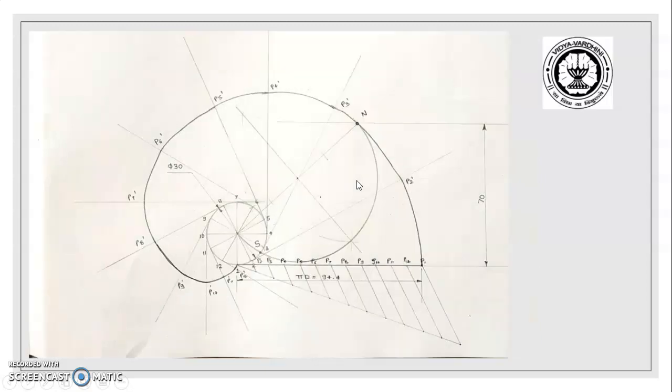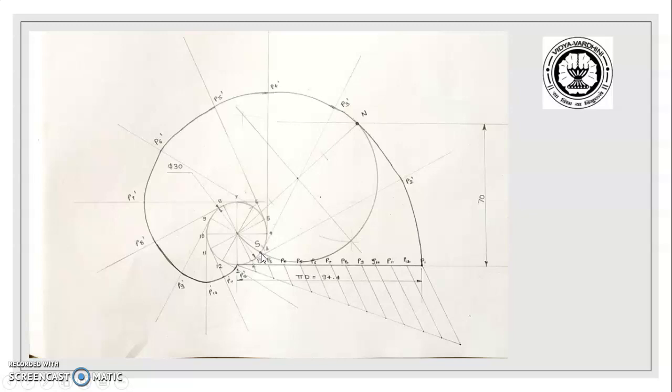So we will draw a perpendicular bisector which will bisect the line ON. With this point as a center and half of ON as a radius, we will draw one semicircle. Observe that the semicircle is cutting the circular profile at point S.